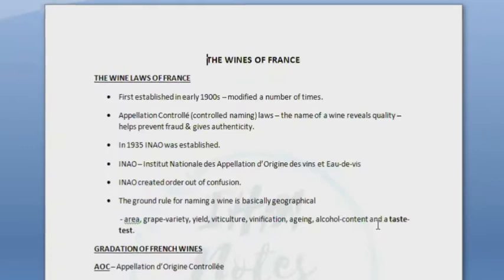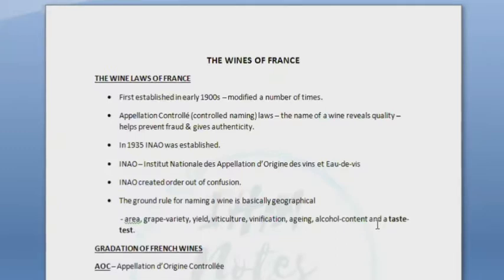All right. Appellation controlled naming laws. The name of the wine reveals quality, helps prevent fraud, and gives authenticity. All right, in 1935, INAO was established.